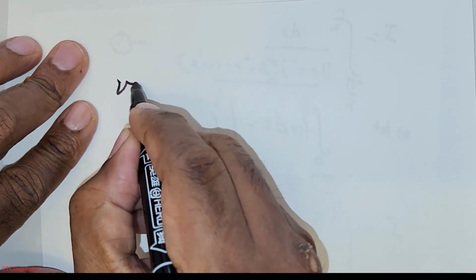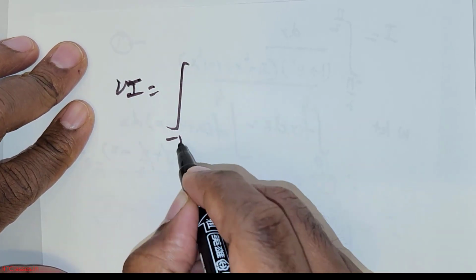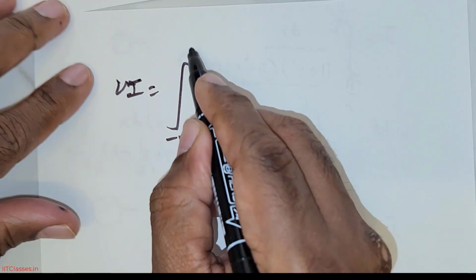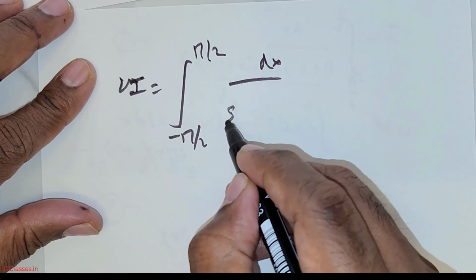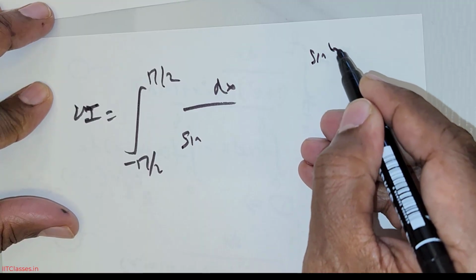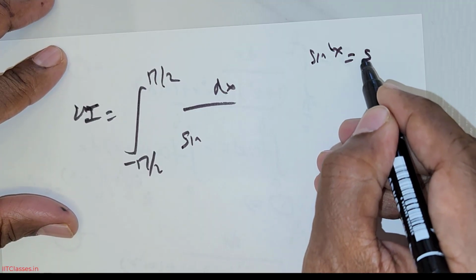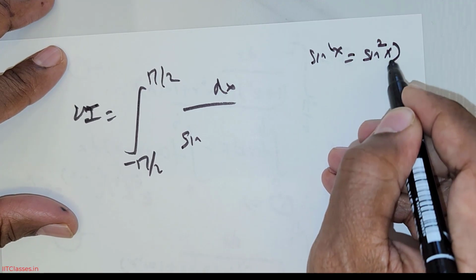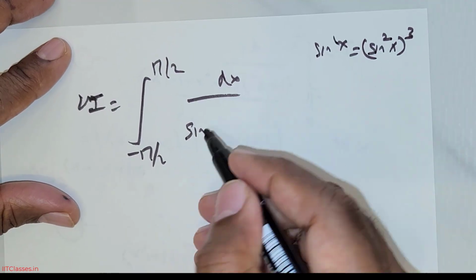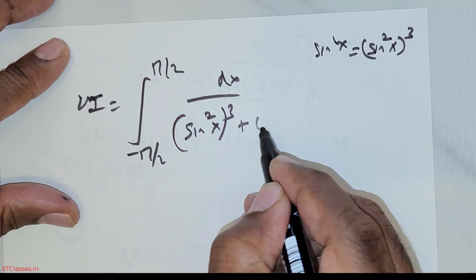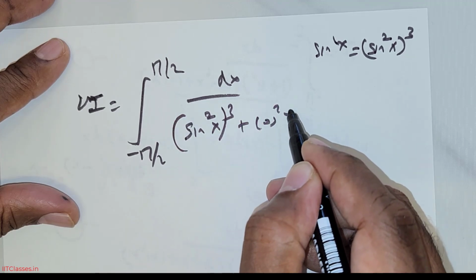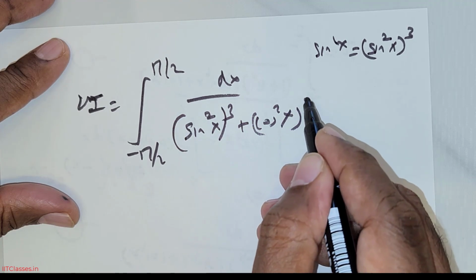So let me move on to the next side. So you have 2 times I is equal to the integral from negative pi over 2 to pi over 2 dx divided by, I'm going to write sine raised to the power of 6x as sine raised to the power of 2x, all raised to the power of 3. Fair enough, right? So this is followed by cos raised to the power of 2x, this in turn is raised to the power of 3.